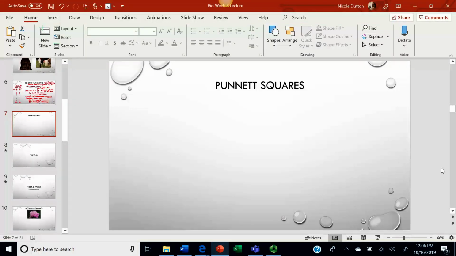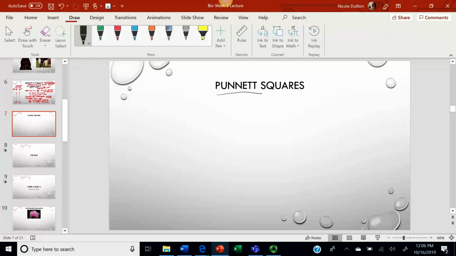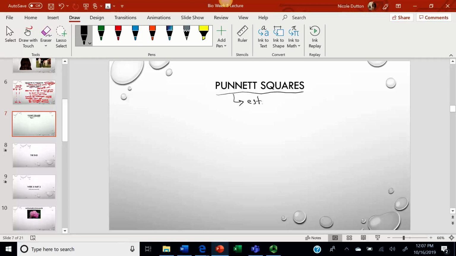Punnett squares. Punnett squares are used to estimate the probability of offspring. What we do with a Punnett square is we look at the genotypes of the parents and estimate the likelihood that they're going to have offspring with particular traits.